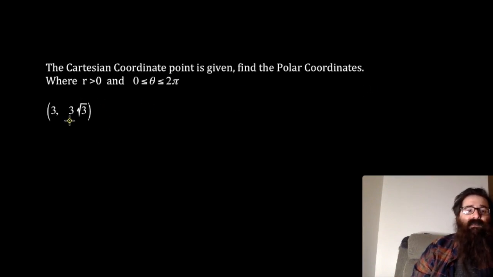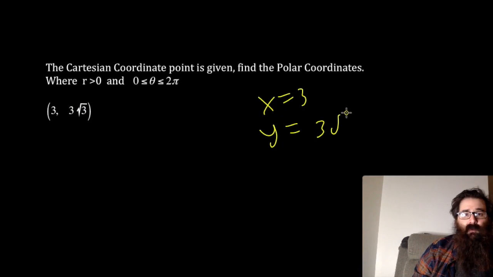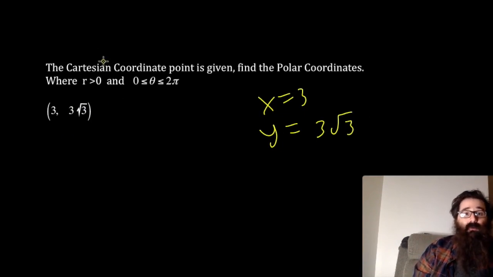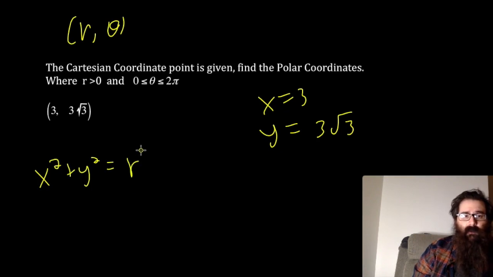We can go ahead and start by saying what we know. We know x is 3 and y is 3 times square root of 3. We'd like to find the polar point, so I want r comma theta. Now we have this nice identity to work with right away, that x squared plus y squared is equal to r squared.